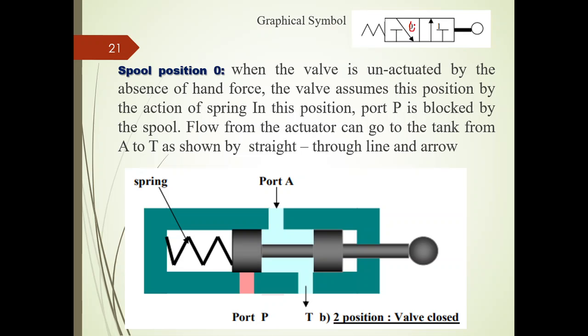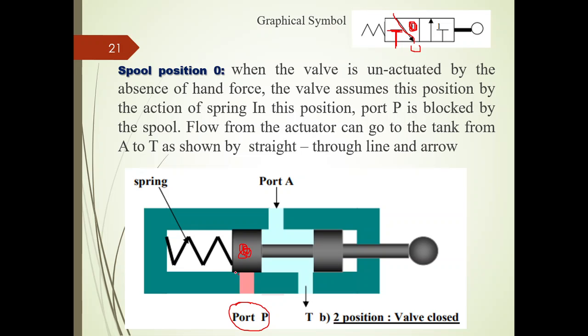In the zero position, the pump port is completely blocked, as we can see here in the symbolical representation, whereas the flow will be taking place from system port to tank port, right? You can see here the pump port is completely blocked with the help of what? With the help of this spool land, right?